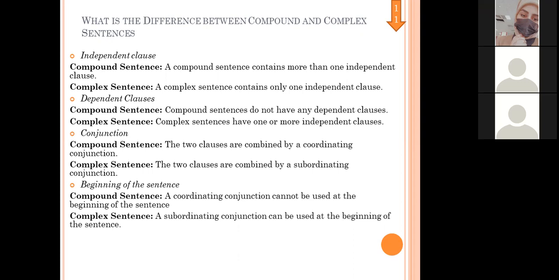Beginning of the sentence. To begin a compound sentence, coordinating conjunctions are not used. On the other hand, at the beginning of a complex sentence, subordinating conjunctions are most often required.